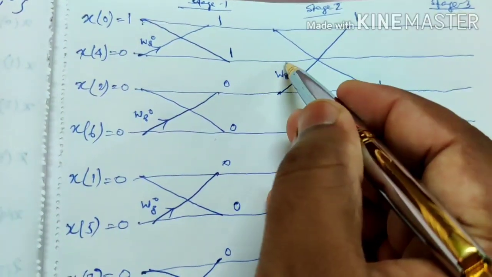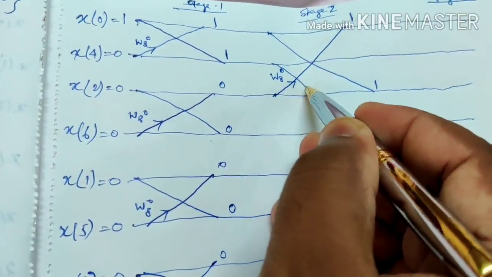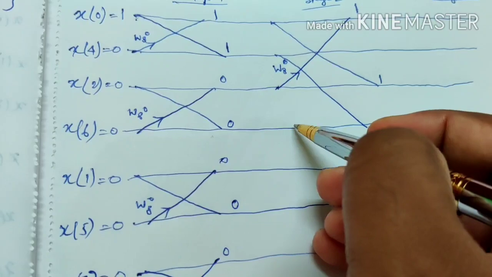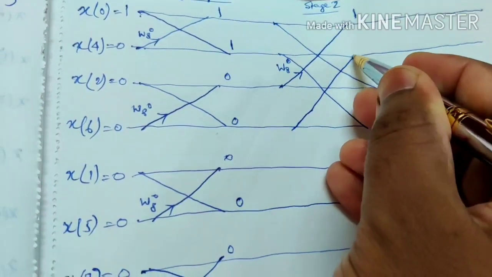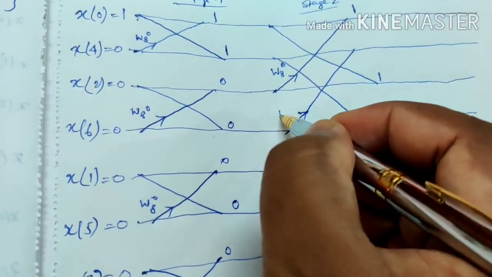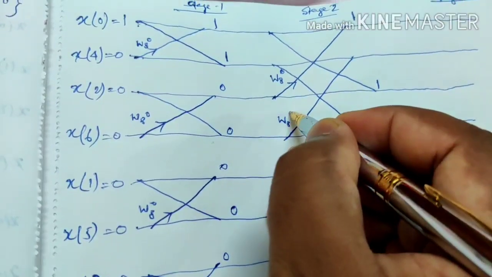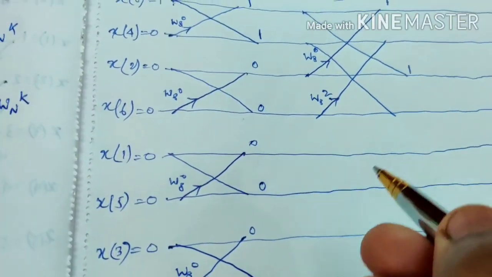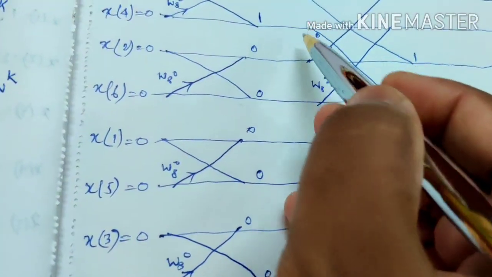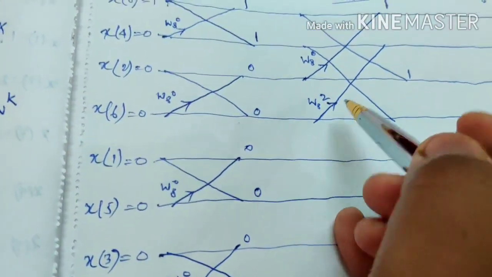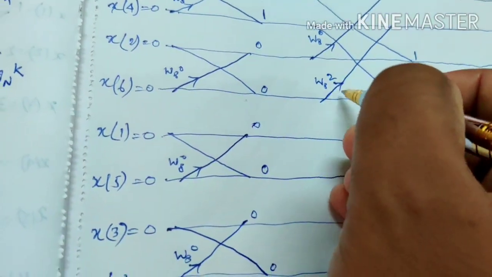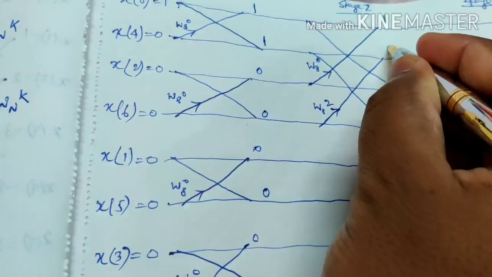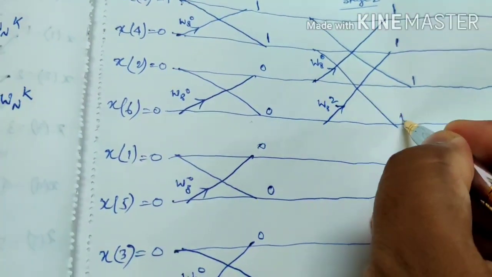Similarly, this is omega 8 2. So the A value is 1, the B value is 0, so the A value is only 1, giving 1 and 1.